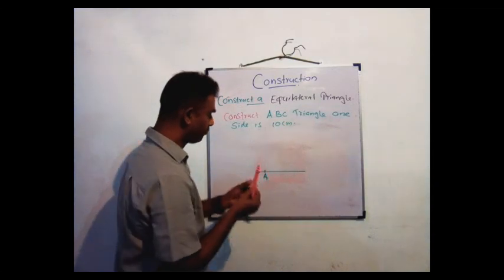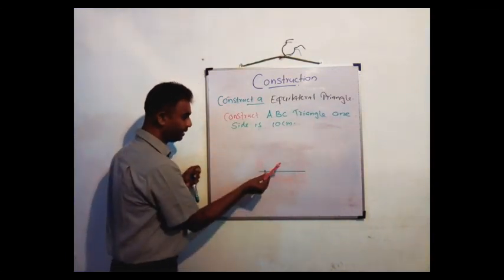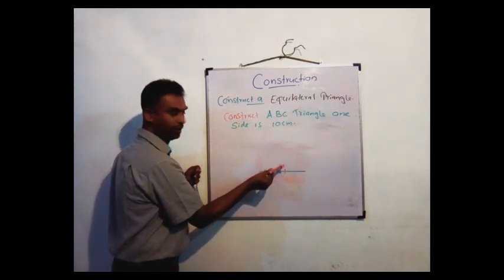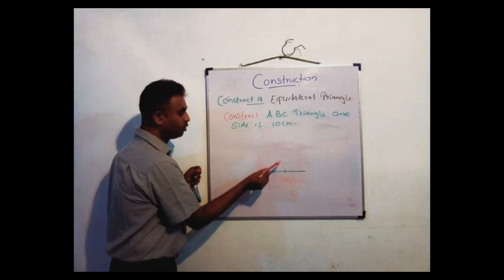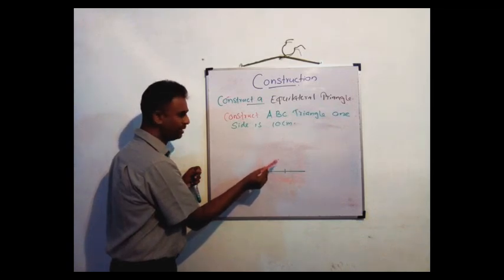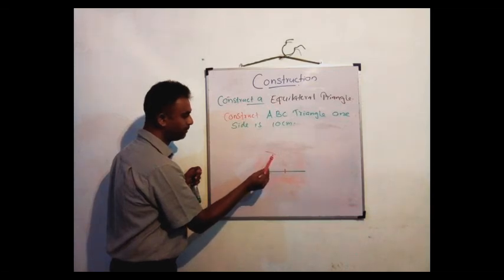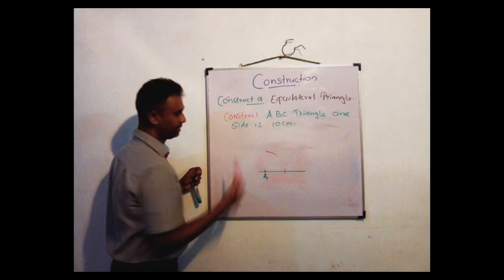Now we want to find the distance. I put the iron point on point A and draw a small arc, right? Without moving this compass, we want to draw another arc here, like this.